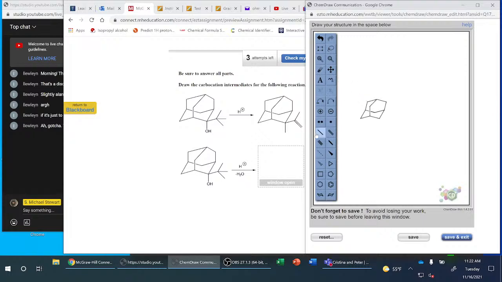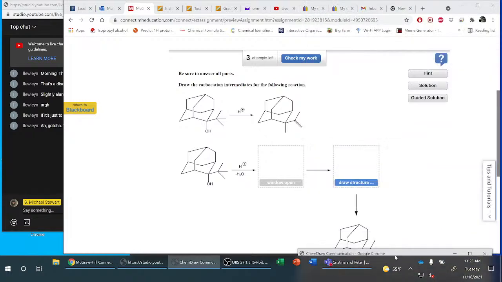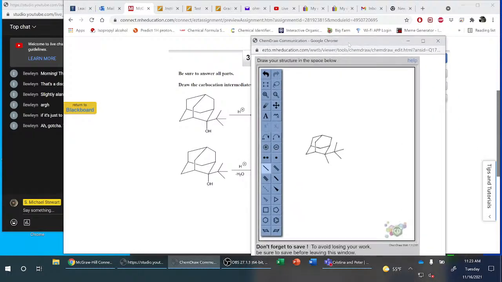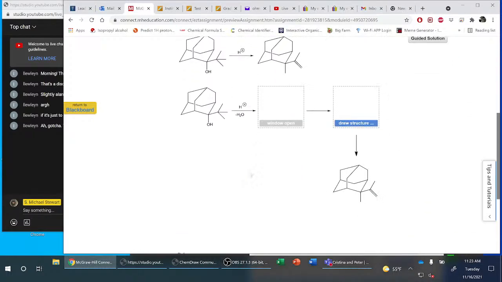All right, so the first thing we're going to do is protonate that alcohol. How many steps is it going to give me? Hold on, I need to see how many steps it's going to get me to do this.